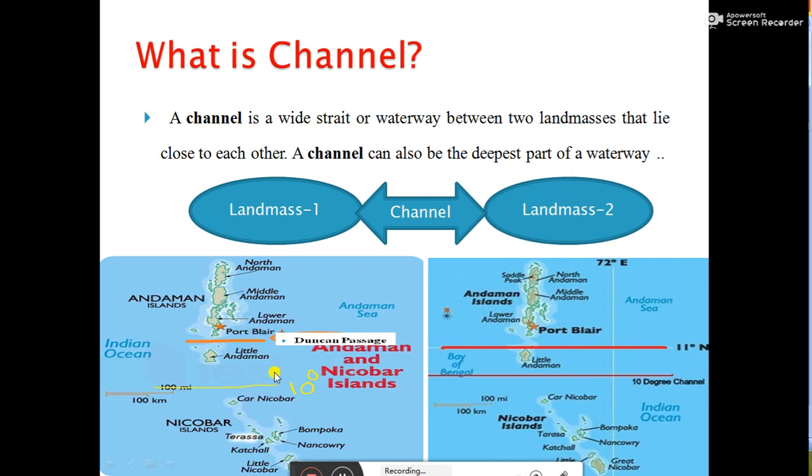If we see this map, this one is the landmass. This one is Little Andaman, and this one is Lower Andaman. Lower Andaman and Little Andaman are connected by the 11 degree channel.